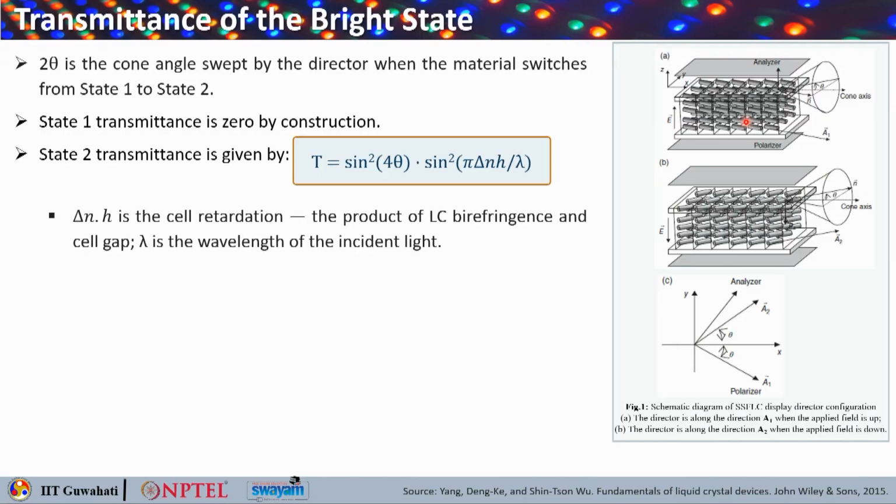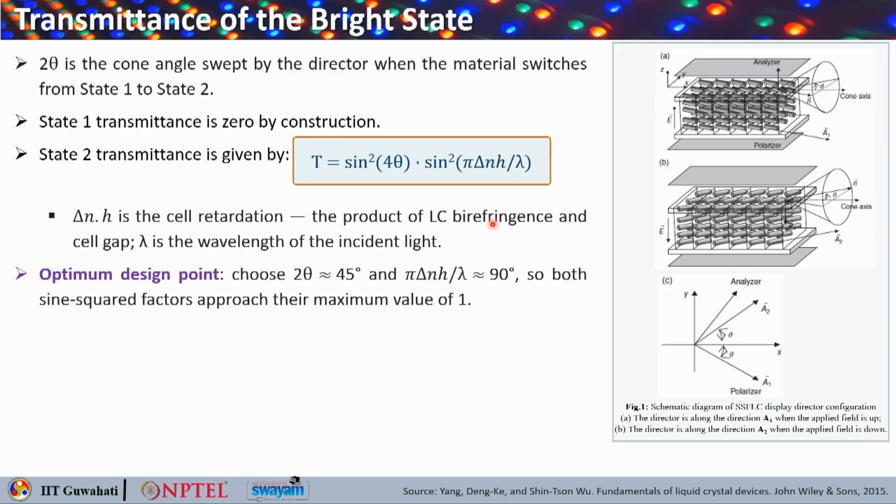State 1 gives 0 transmittance by construction, and state 2 gives a transmittance T equals sin squared 4 theta times sin squared of pi delta n h by lambda. The term delta n h is the retardation of the cell, the product of the liquid crystal's birefringence and the cell gap, and lambda is the wavelength of the incident light.